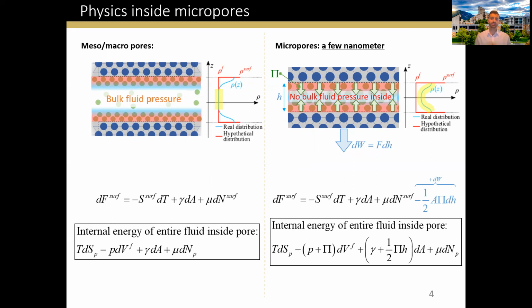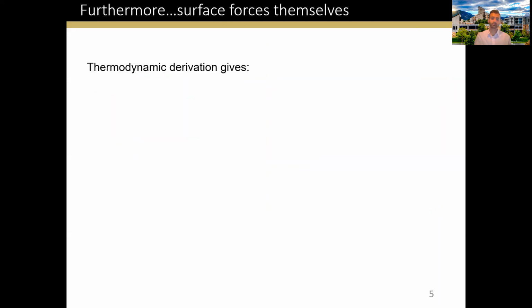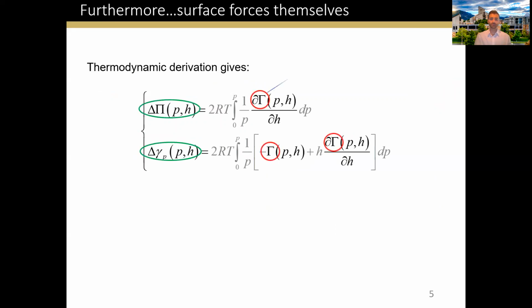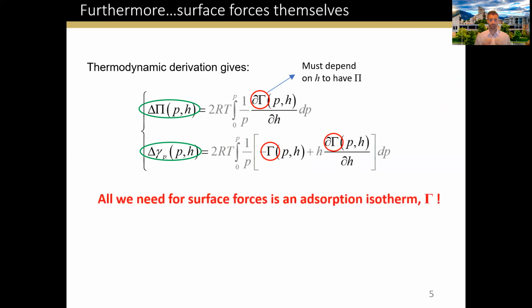We immediately notice that in micropores, the pore walls don't feel only the bulk fluid pressure, but the bulk fluid pressure plus the disjoining pressure. Also, the surface tension is modified by a disjoining pressure term. Furthermore, thermodynamic derivation gives us the surface forces in terms of the adsorption isotherm. So all we need to compute the surface forces is an adsorption isotherm in terms of the bulk fluid pressure P and the pore width H.